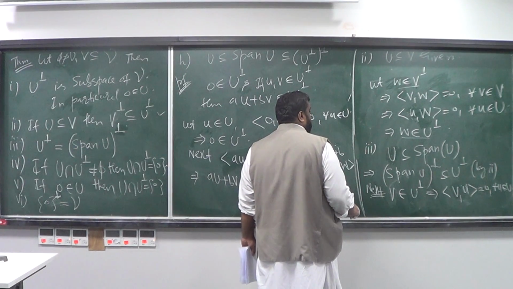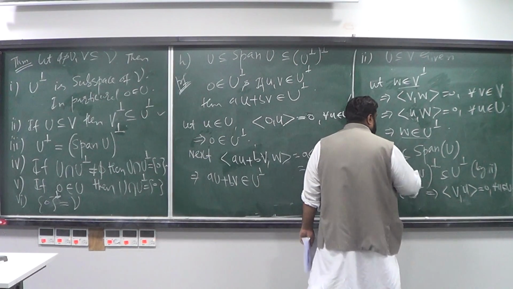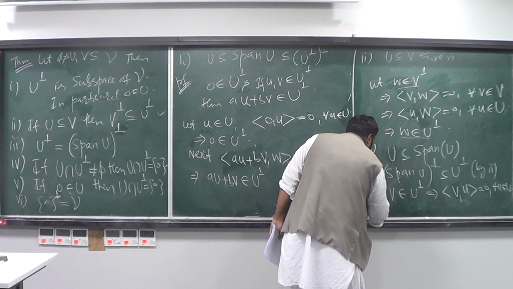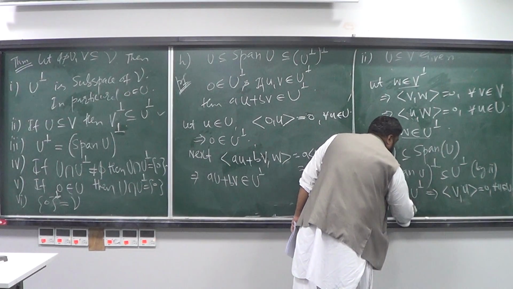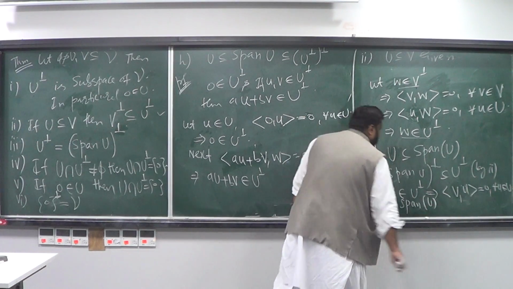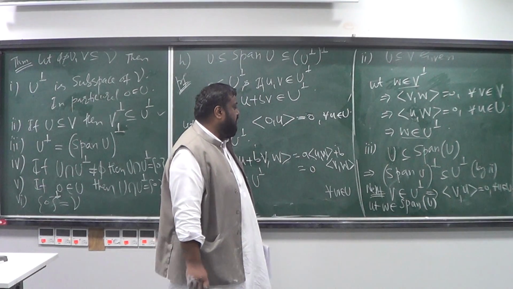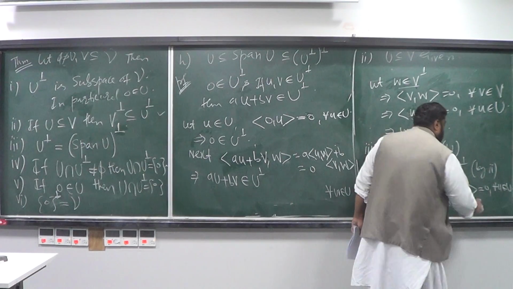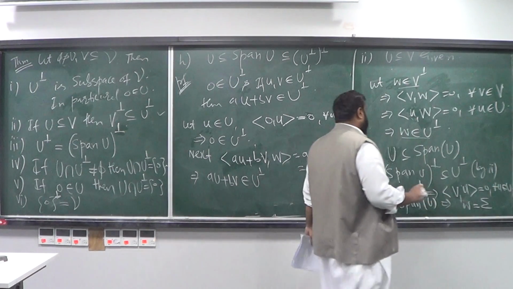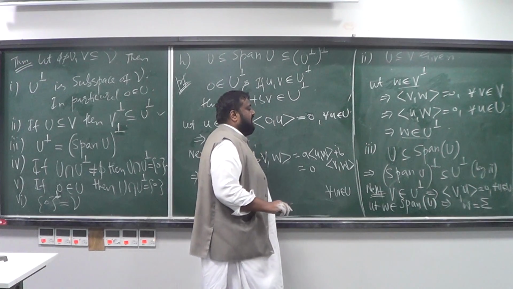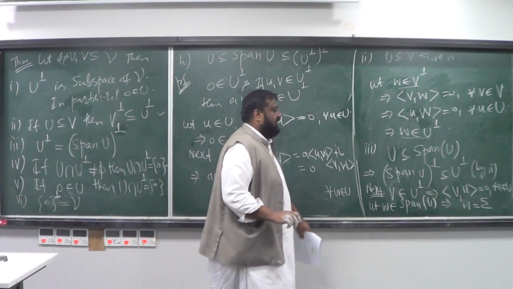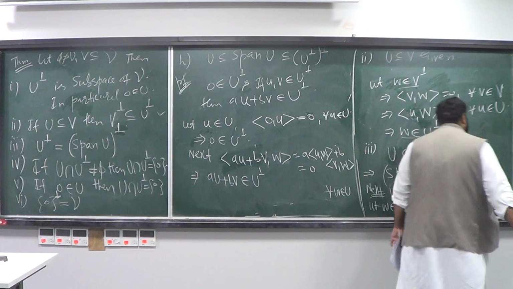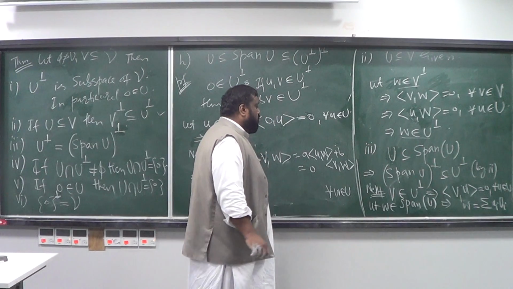So let's take an element from the span of U. If I pick a W from the span of U, then this W is going to be a linear combination of the vectors from U, so W is some sum of a_i u_i.